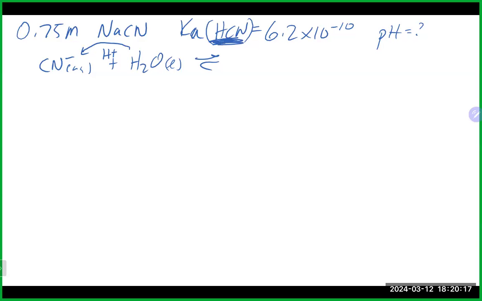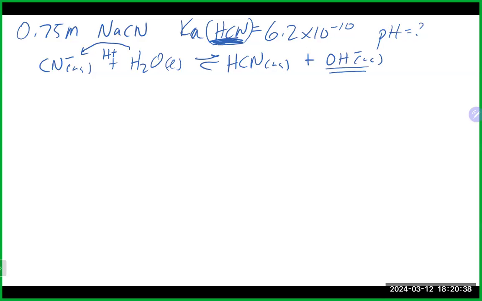So again, you have pretty much the other side of the arrow that you need. Our H2O is going to lose an H plus, which means we are going to be left with OH minus. And just like the previous one, as soon as we see that OH minus, we know that it should be a basic solution.